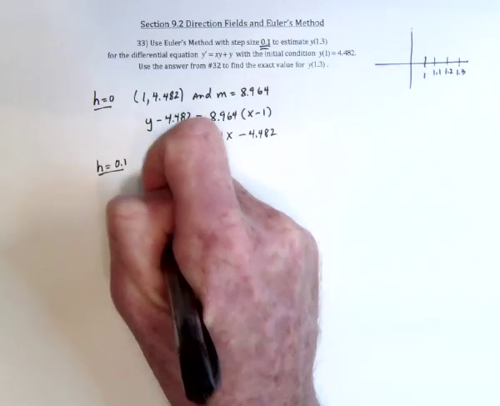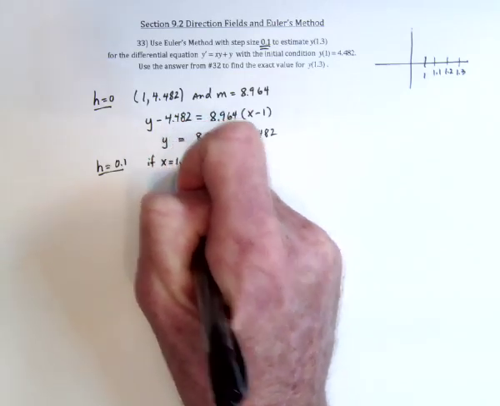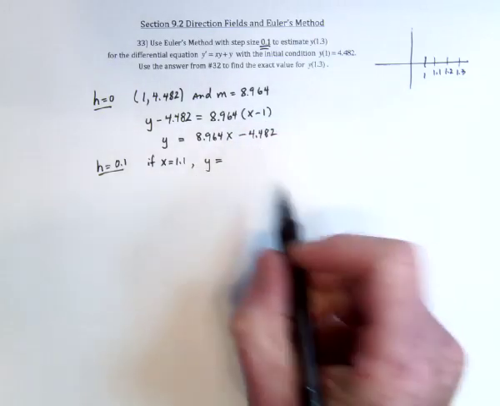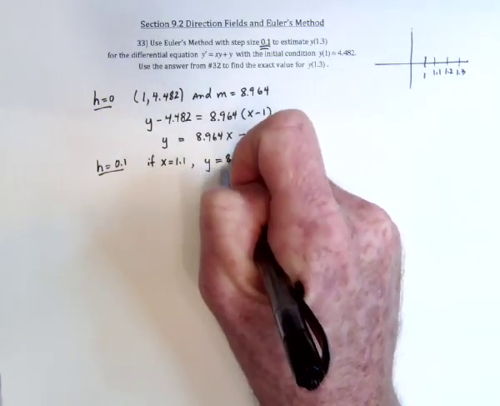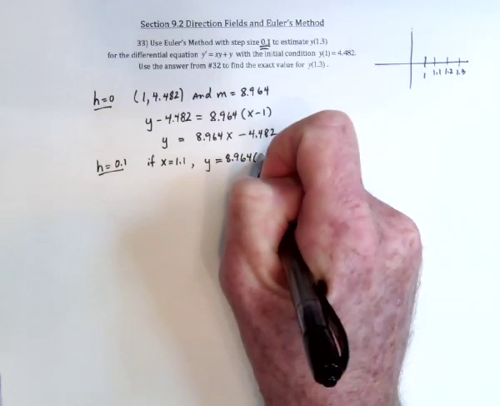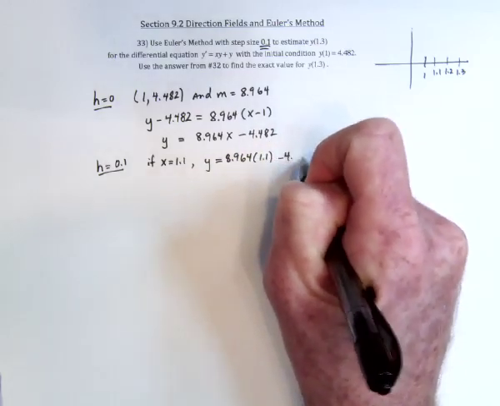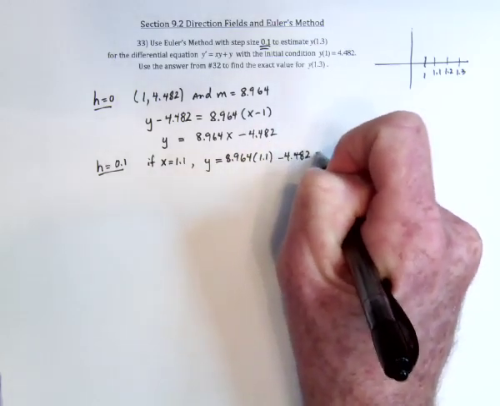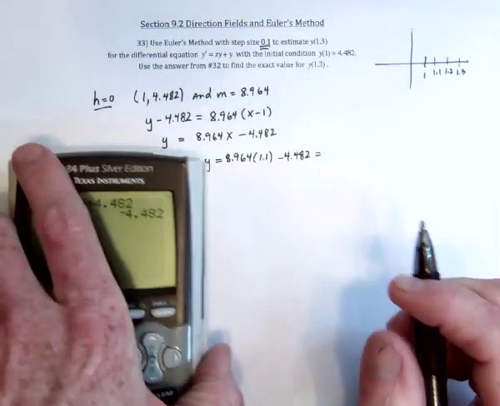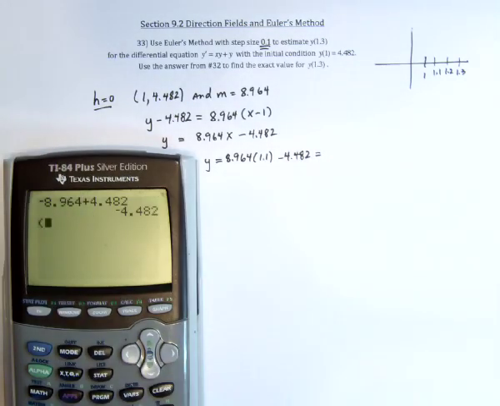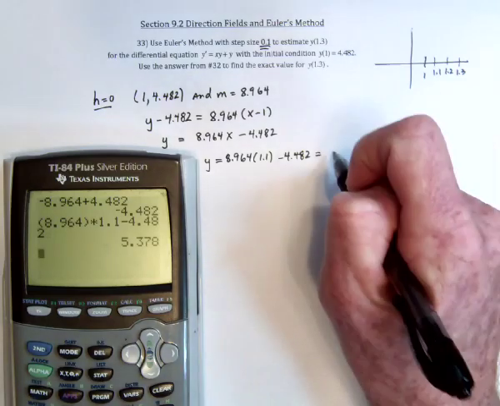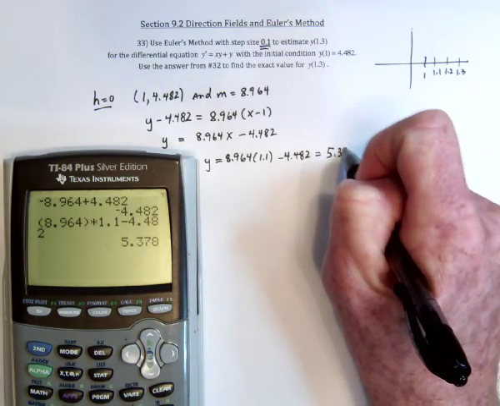So if x equals 1.1, y is equal to, and then just plug that in. 8.964 times 1.1 minus 4.482, which is 5.378.